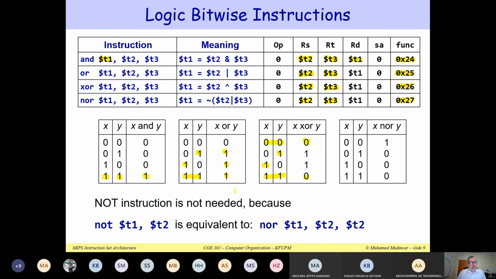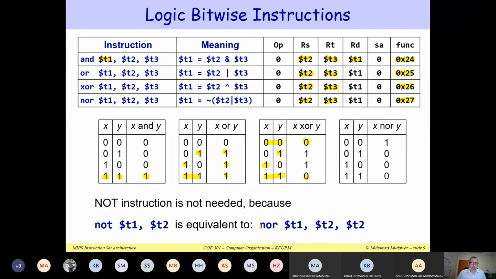Notice that there is no NOT instruction. If I would like to take the complement of all the bits in T2 and put the result in T1, there is no such instruction because you can actually use the NOR instruction. When you OR T2 with itself, T2 or T2, you get T2, and when you take the NOR, you get basically the complement.